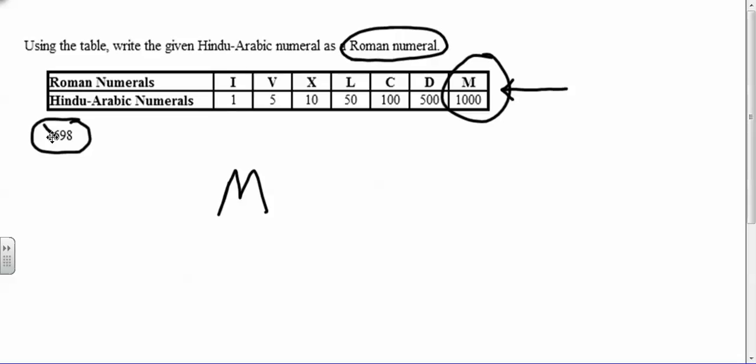Well, in the Roman numerals you cannot write the C 6 times. You can only do that at most 3 times. So to get 600, you don't write C 6 times. Instead, you have to use addition. Since Roman numerals is an additive system, to get that 600, we are going to take 500 and add 100 to that.